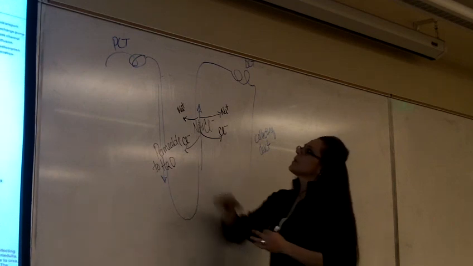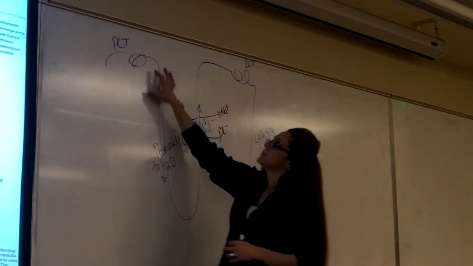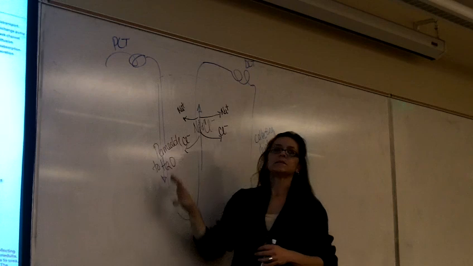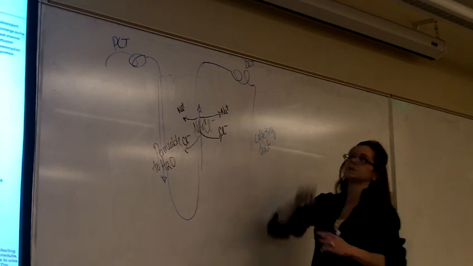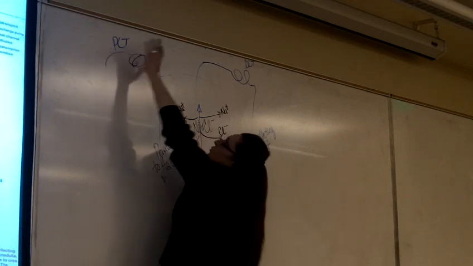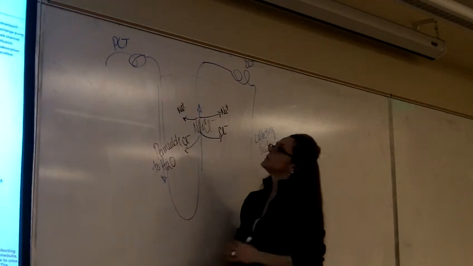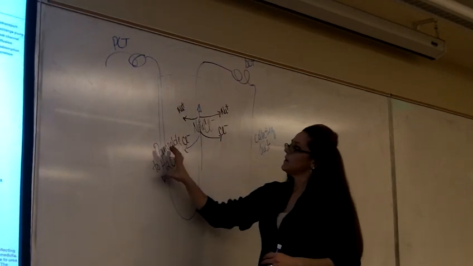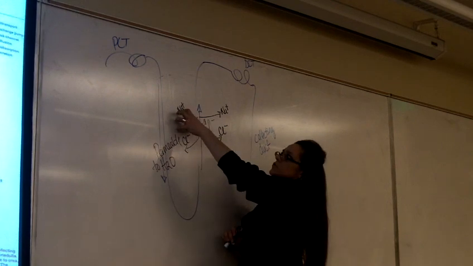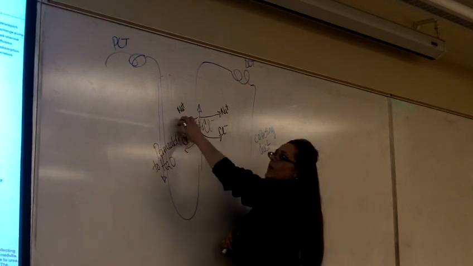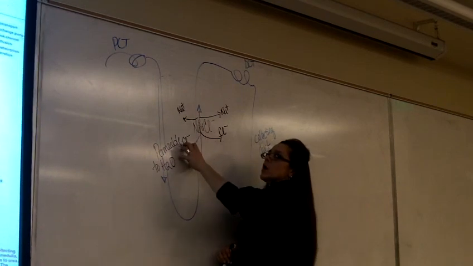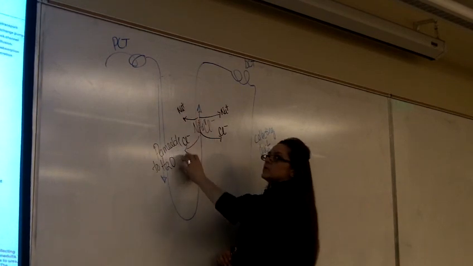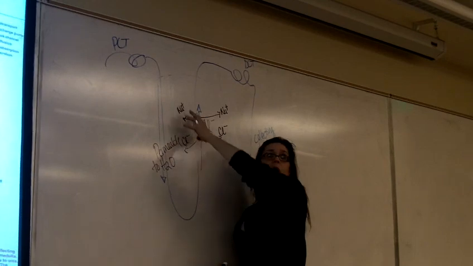Now, the next fluid that comes down through this descending limb, because that fluid then continues on to the DCT, and now we have new fluid coming down. Because there's so much stuff out here in the interstitial space, the osmotic concentration out here is now high.